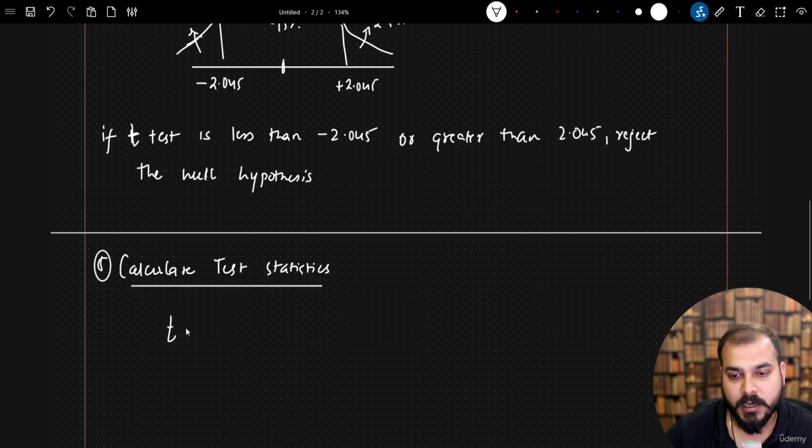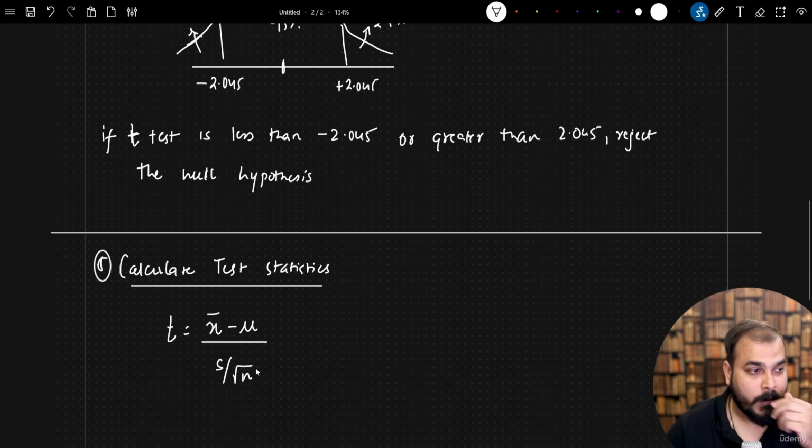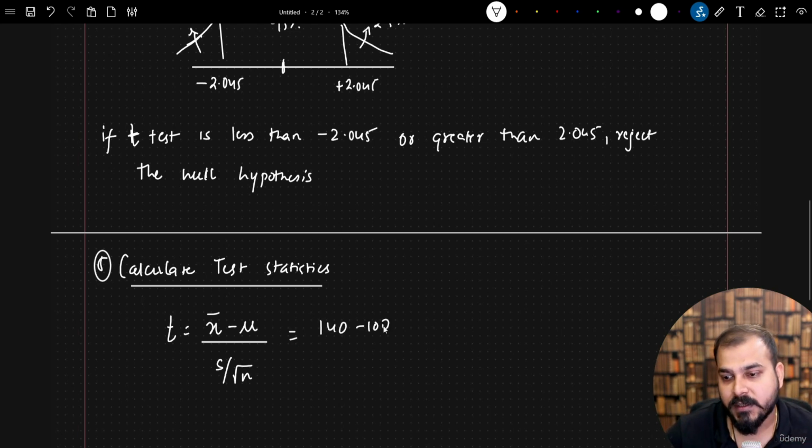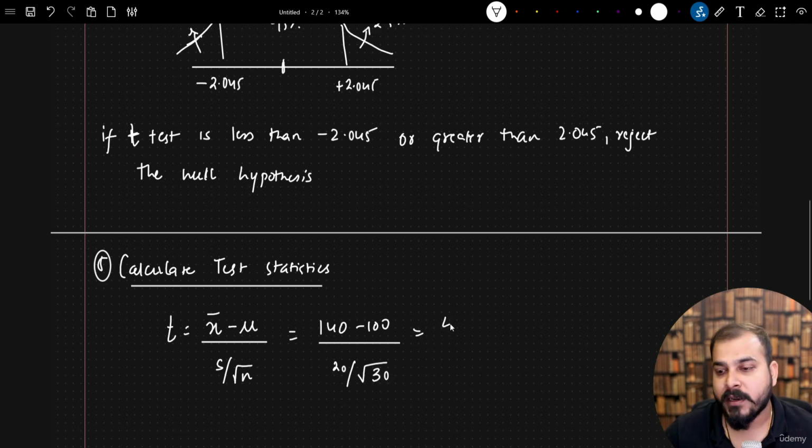Here you have the t formula. You know that we have discussed sample standard deviation by root n. So we have all the values. X bar minus 100, that is 140 minus 100. Sample standard deviation is 20 divided by root 30. So if I go ahead and calculate it, I have already done this calculation. You can try. I am going to get somewhere around 10.96.